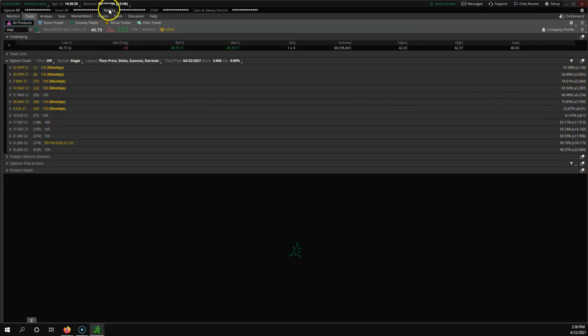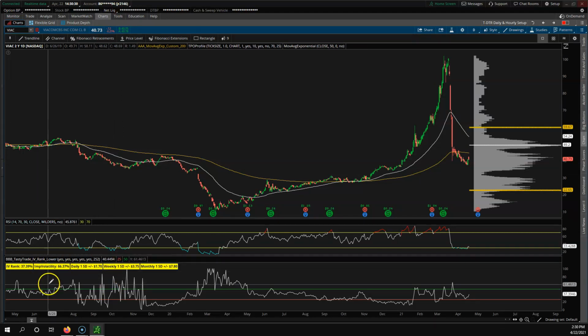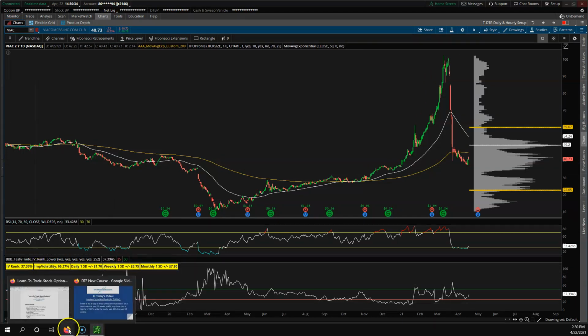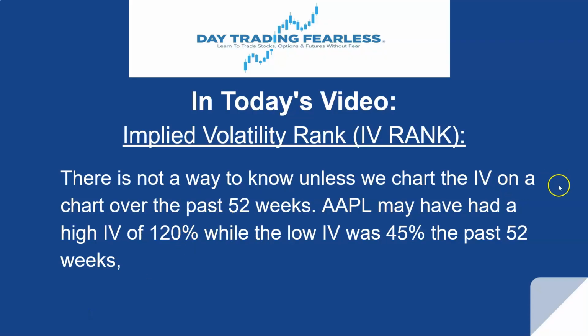Implied volatility. But on the chart in this code, we have the IV rank. So if we're at 50, and Apple had a high of 120 and a low of 45 over the last 52 weeks, we're at the lower end, meaning options are the cheapest they've been in almost a year.